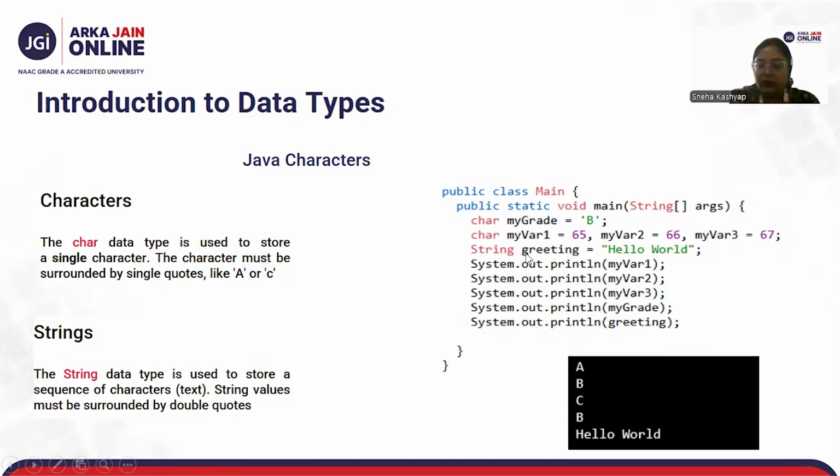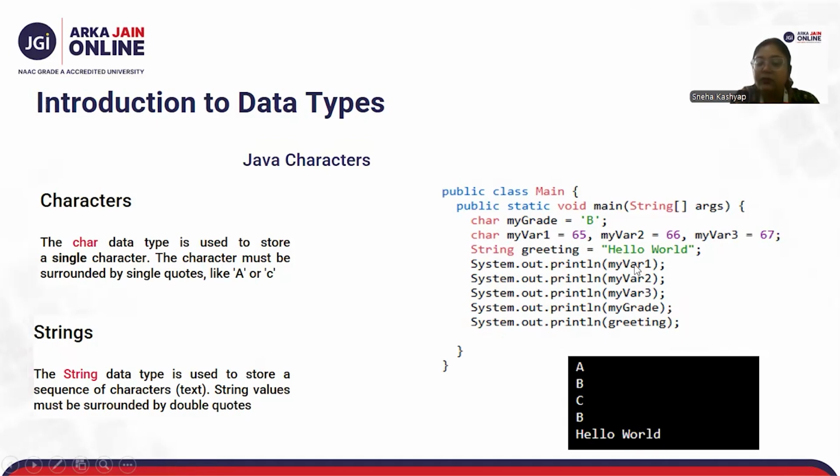Third, I have taken the variable greeting, but to this I have assigned a string value, and I'm trying to print Hello World. You can see that when defining a character I have used single quotation, and when defining a string I have used double quotation. So I have used System.out.println to print my variable 1.